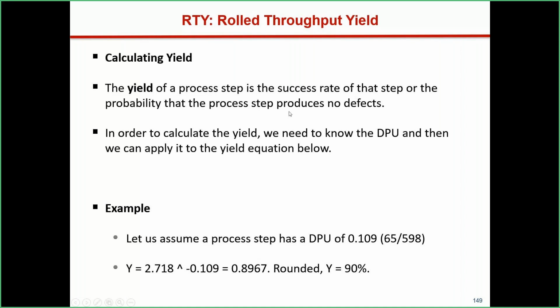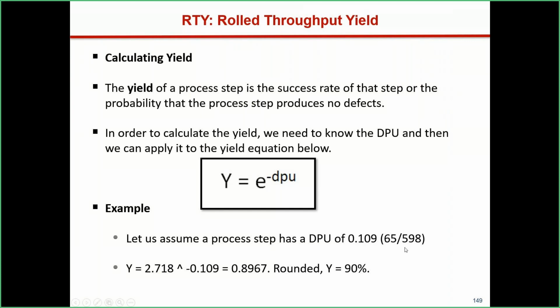The yield of a process step is the success rate of that step, or the probability that the process step produces no defects. In order to calculate the yield, we need to know the DPU and apply it to the yield formula. The formula is yield equals E raised to minus DPU. Let us assume the process step has a DPU of 0.109, which is 65 divided by 598.